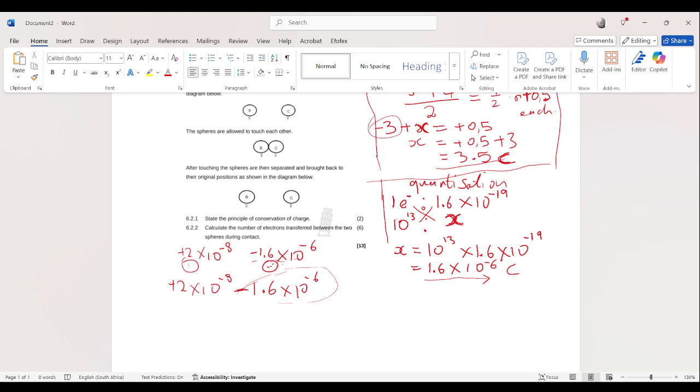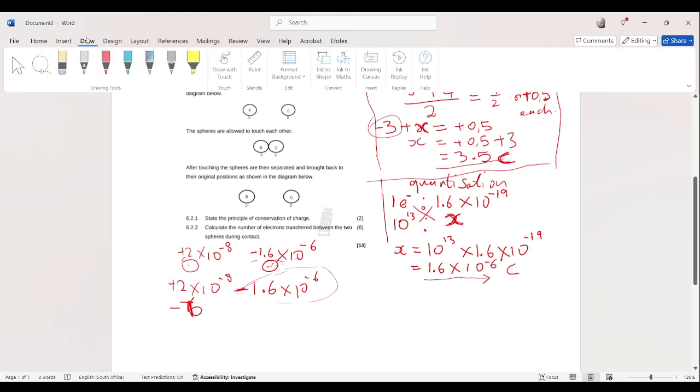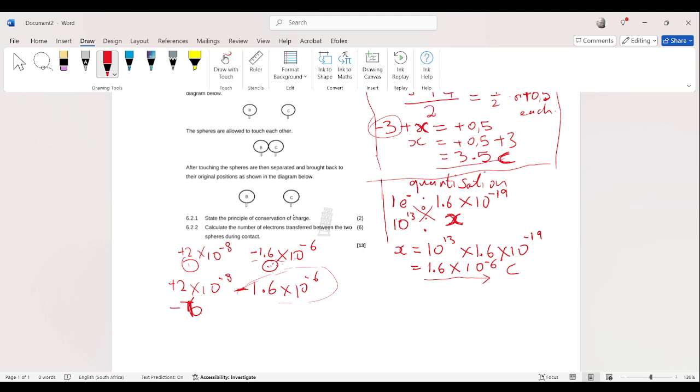So what do we get if you use your calculator? It gives negative 1.58 times 10 to the power of negative 6. Let me rub this quickly.